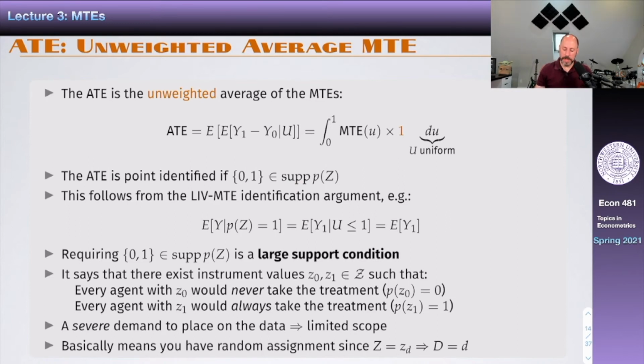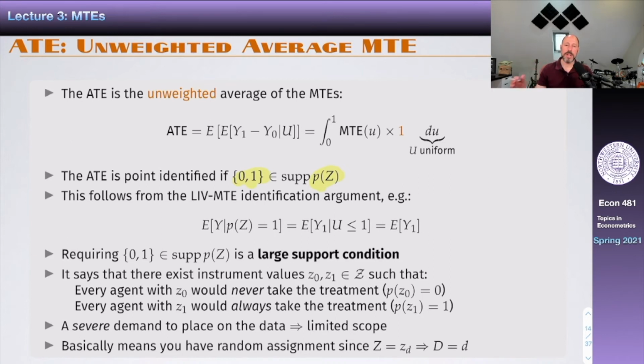This should be obvious because if we just look at the formulas we derived, the expected value of y conditional on the propensity score being equal to 1 is the expected value of y1 conditional on u less than or equal to 1, okay? And this is exactly the expected value of y1. So imagine that you had this condition, that 0 and 1 are in the support of the propensity score.